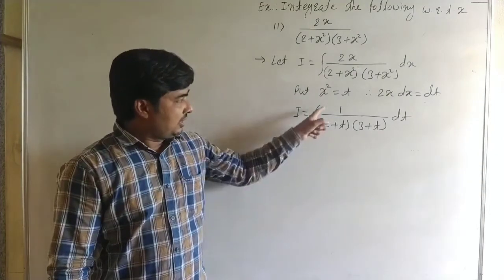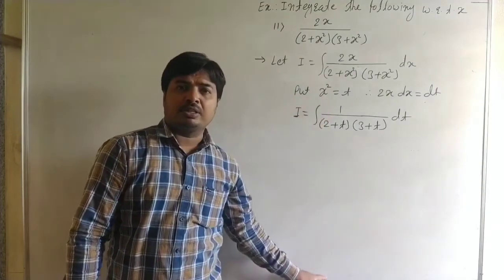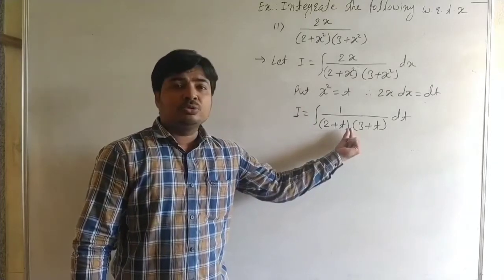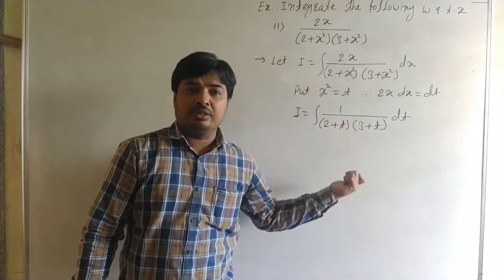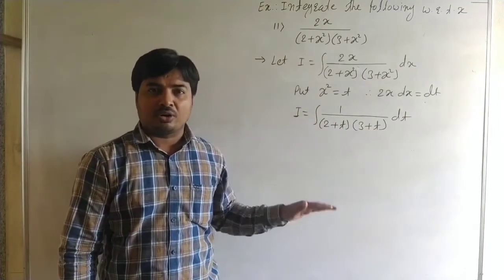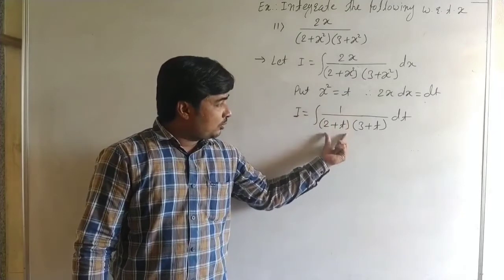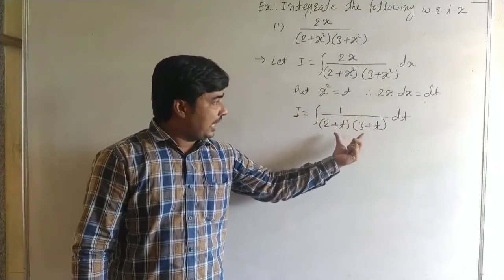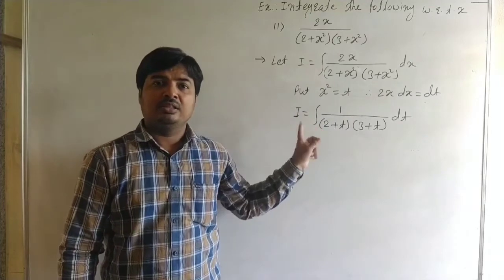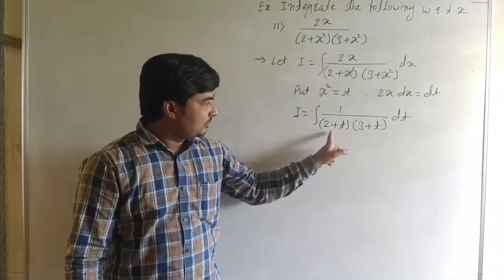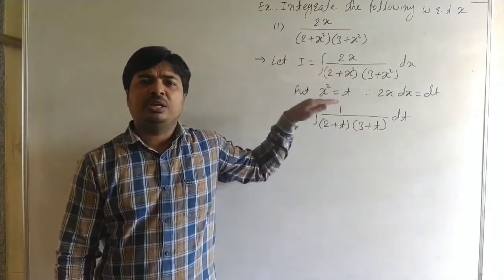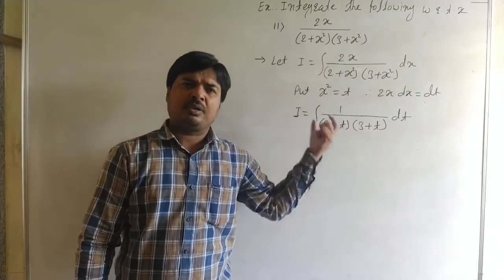Here we solve by using partial fractions. The second method is to take the product of these two terms, then we get a quadratic function, and by using the completing square method we can solve this integral. Or, with a constant upon a product of two linear factors, we adjust the two linear factors in the numerator. It is in our lecture number 9.